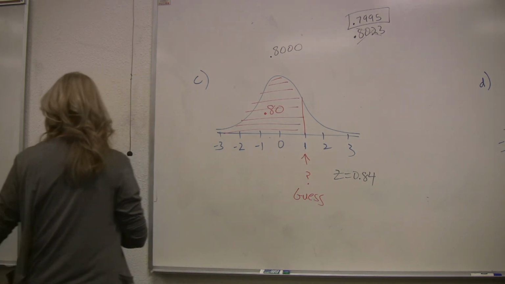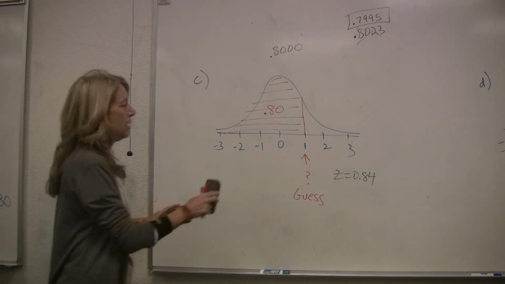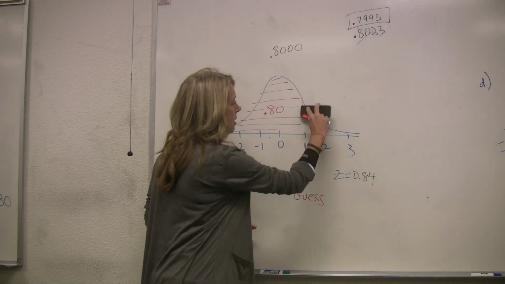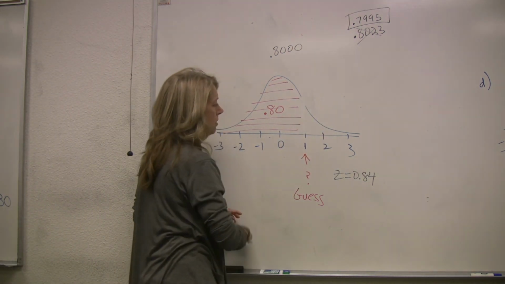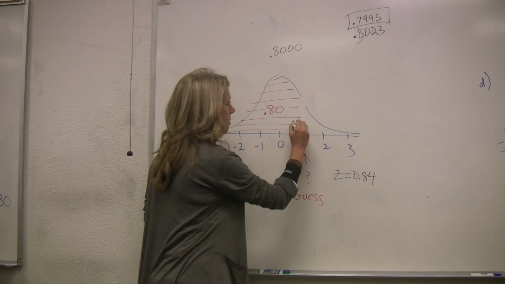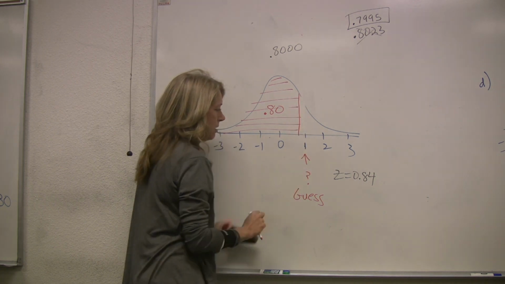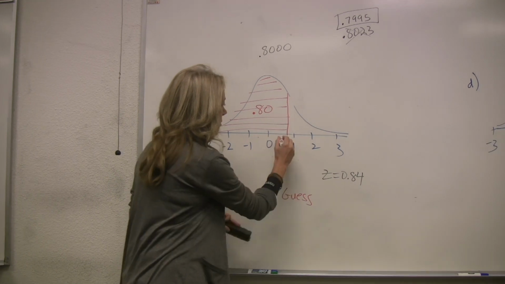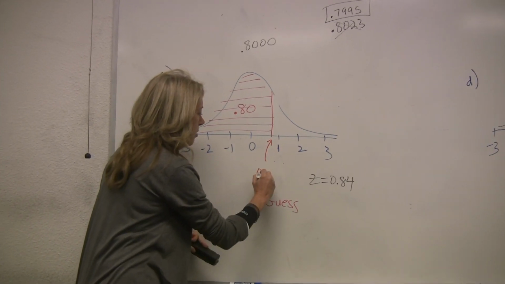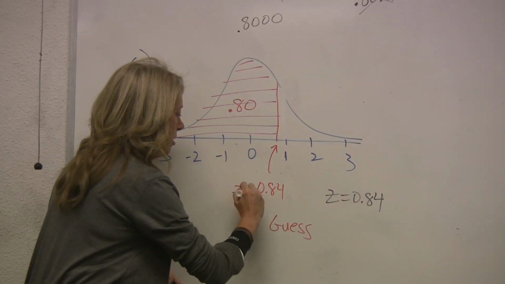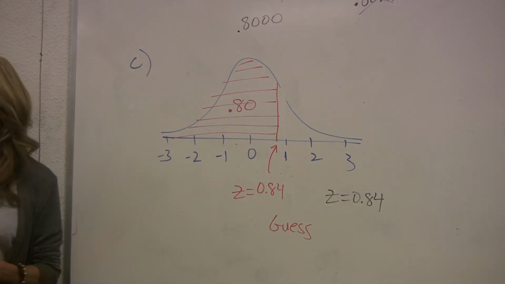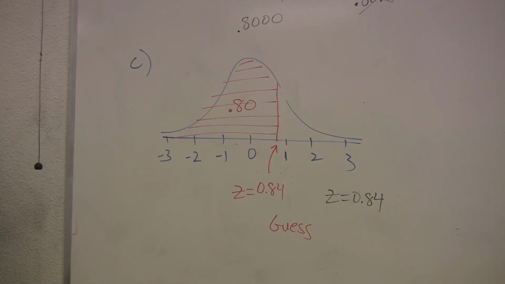So I'm going to adjust my picture. It's not at 1. It's at 0.84. That's the exact z right there that gives me the 80% to the left.